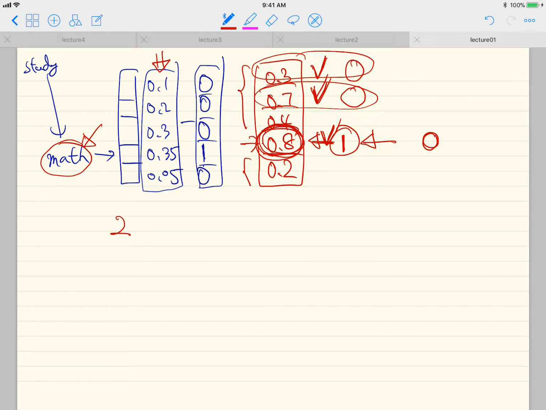But anyways, here we can think about the probability that we obtain our sample from. Over these 5 different words, let's think about the probability distribution.